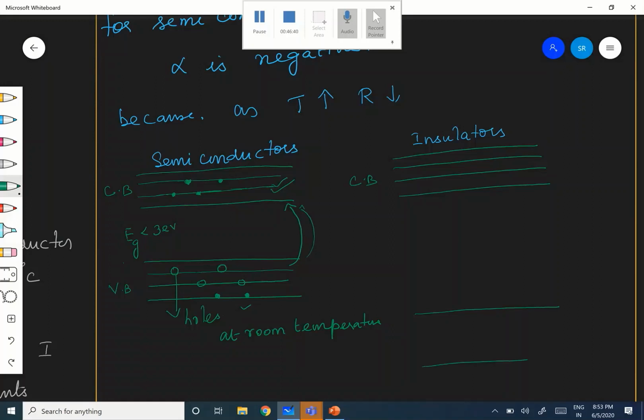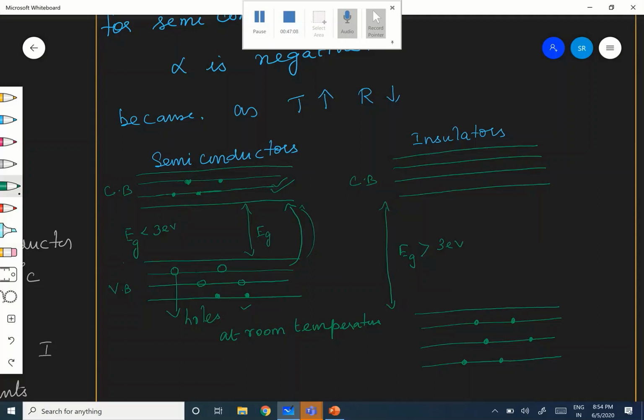The valence band has every level filled with electrons. Here this gap is what is called Eg, the gap between the conduction band and the valence band. Here that Eg is very large, more than 3 electron volt.